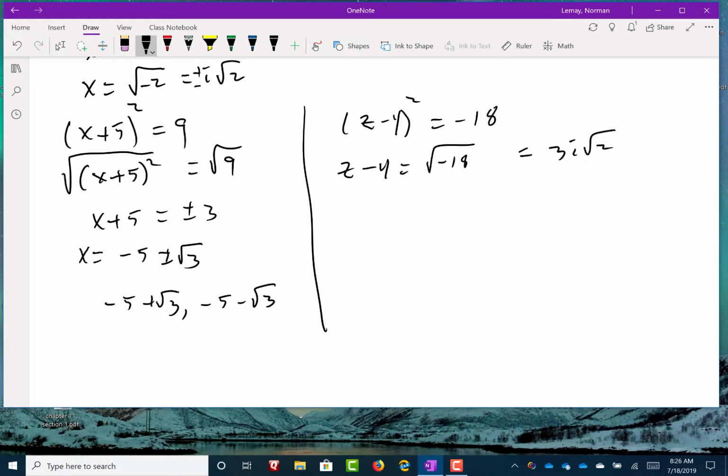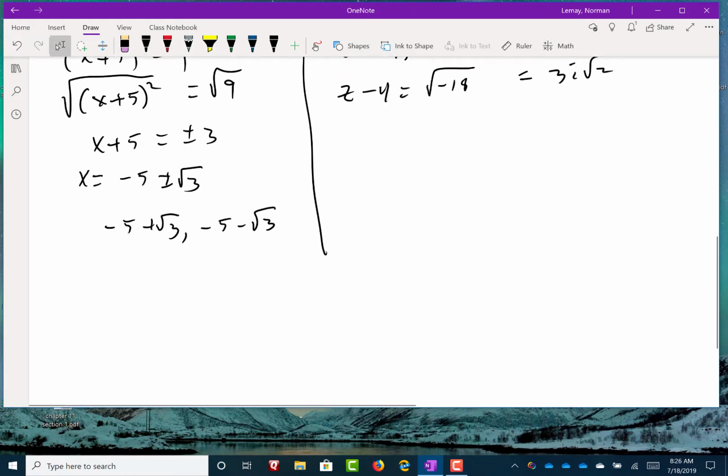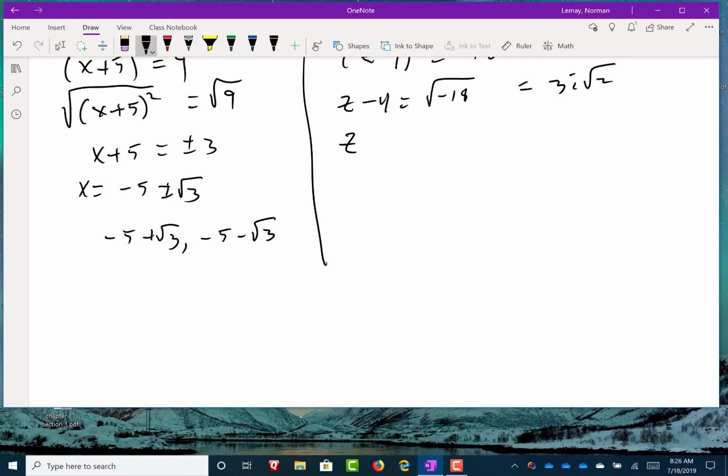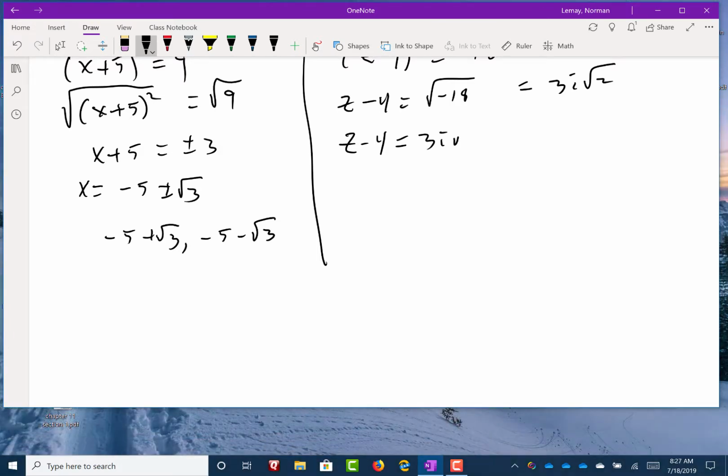And I'm not going to get all particular about where the i is located. So cleaning this up, we're going to get z minus 4 equals 3i root 2. And that better be plus or minus. So note that we get z equals 4 plus or minus 3i root 2.